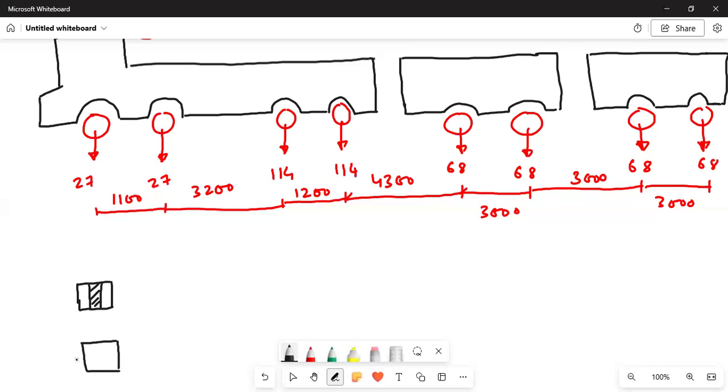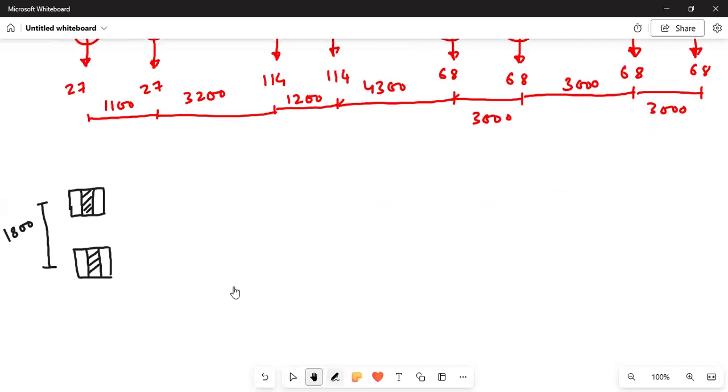The center to center distance between them is 1800. This is another wheel, another axle load.